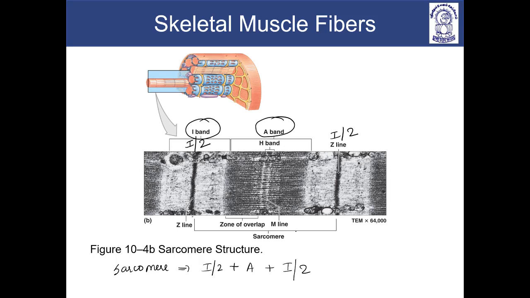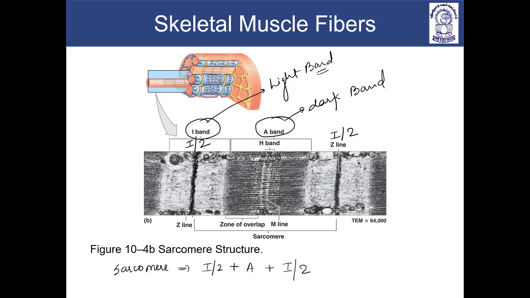This is the sarcomere. So the A band or anisotropic band is known as dark band, and the I band is known as what? Light band. The light band is having a dark line. This dark line you can see is known as Zwischenscheibe line or Z line.